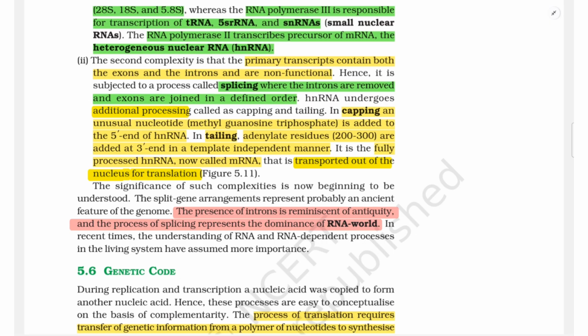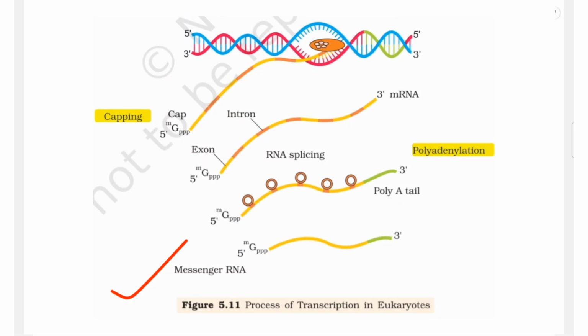In capping, an unusual nucleotide known as methyl guanosine triphosphate is added to the 5' end of the hnRNA. In tailing, 200 to 300 adenylate residues are added at the 3' end in a template-independent manner. It is the fully processed hnRNA, now called mRNA, that is transported out of the nucleus for translation. Figure 5.11.